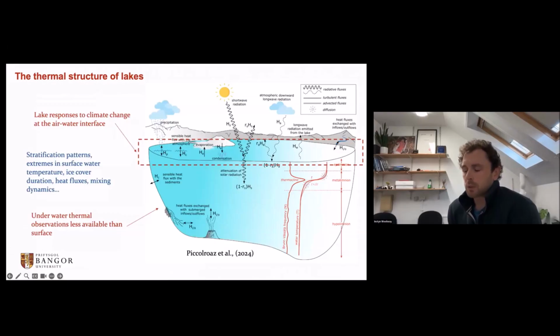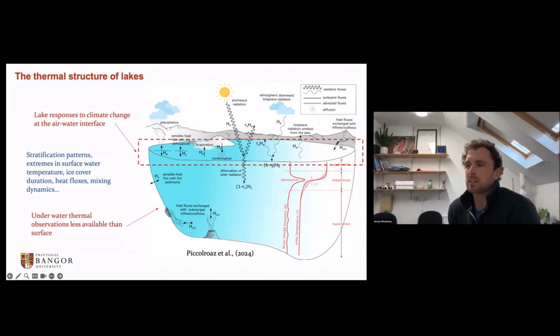So most of our work focuses around understanding the thermal structure of lakes, specifically the energy budget of lakes, so how much heat or energy is entering the water body and how much energy or heat is escaping.